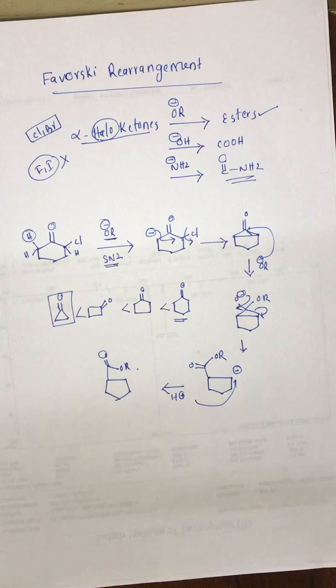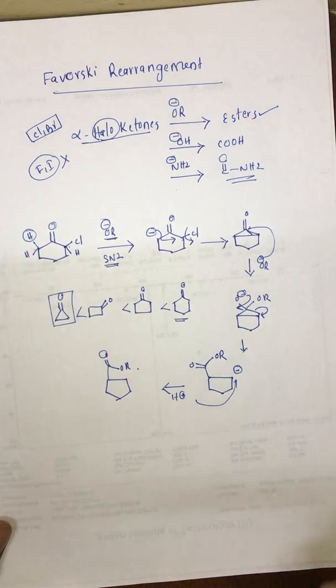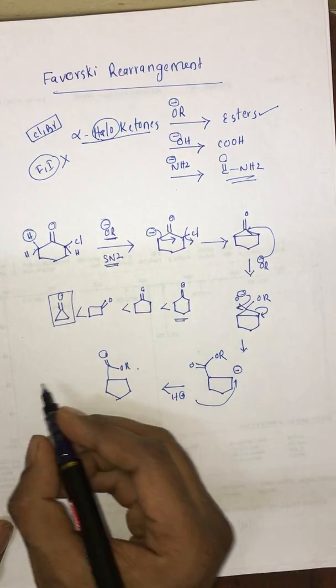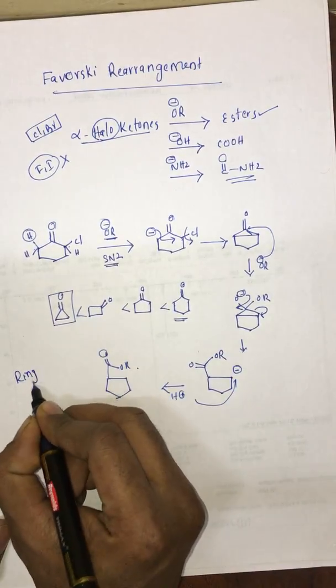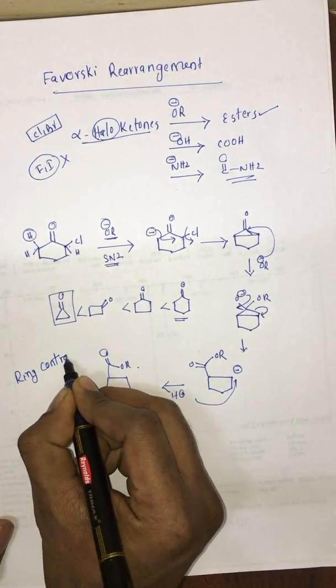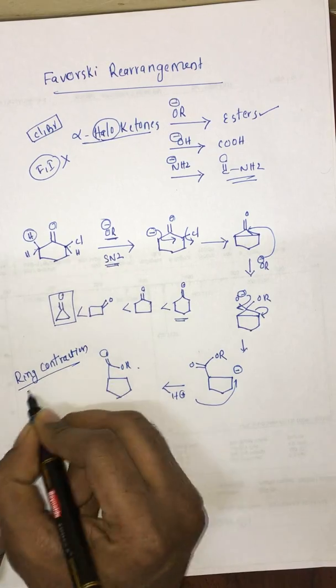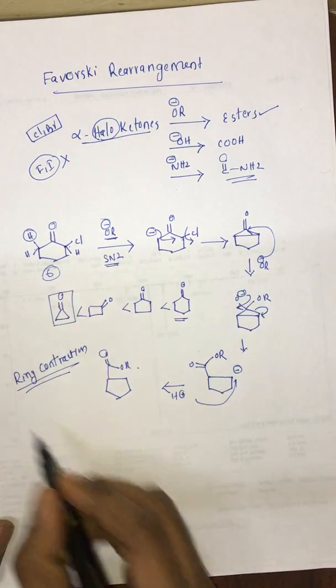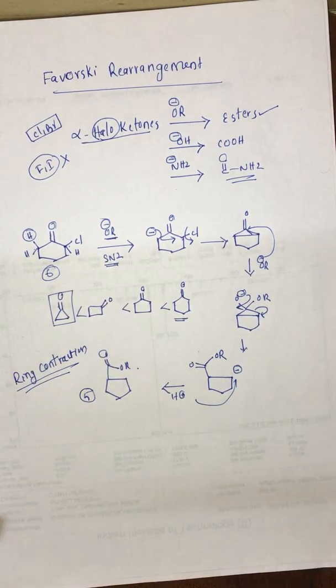And in the Favorskii rearrangement, ring contraction takes place. We can see in the starting material we have a 6-membered ring, and in the final product we have a 5-membered ring.